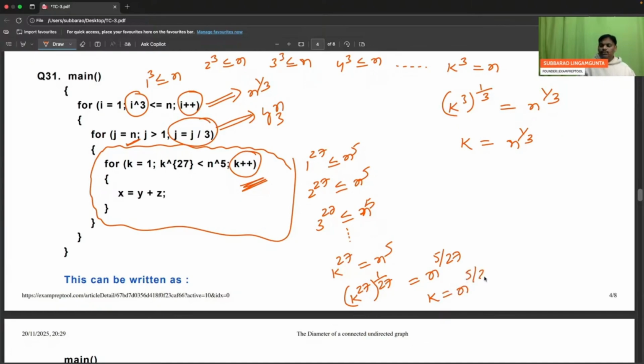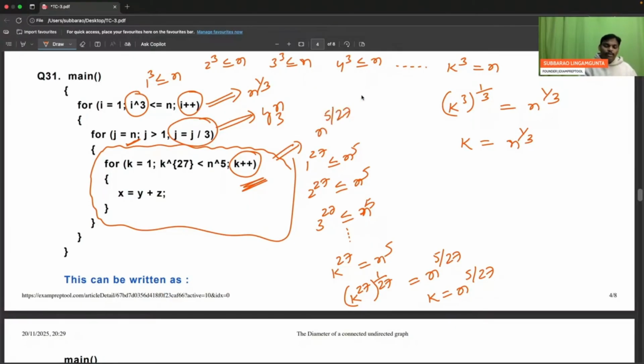Check properly. So finally the k loop is n power 5 by 27.